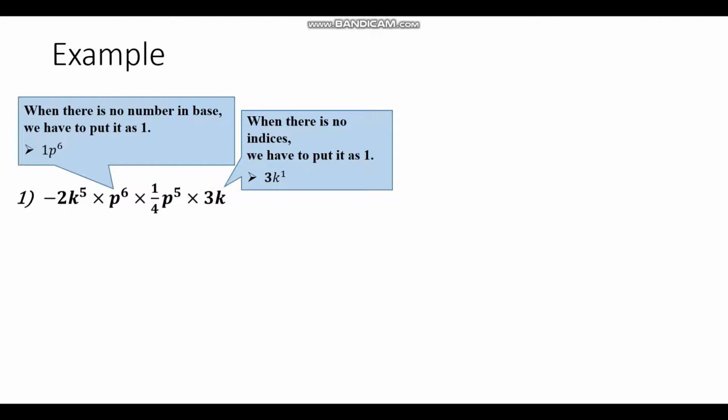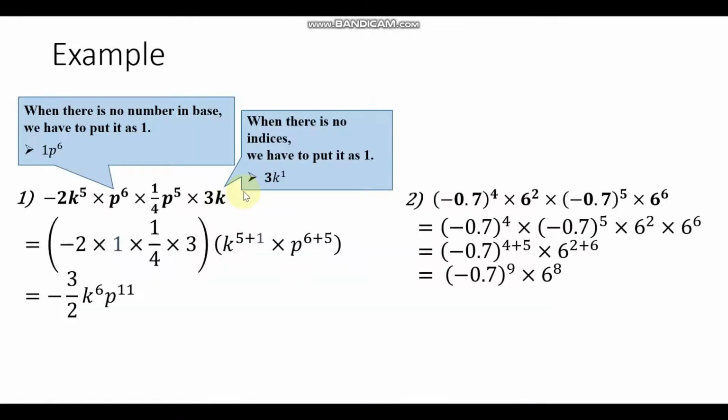So after we put the 1 in front here, we can start to do our calculation. Do it the same as I just told you.